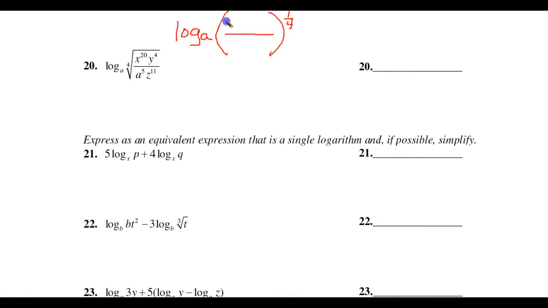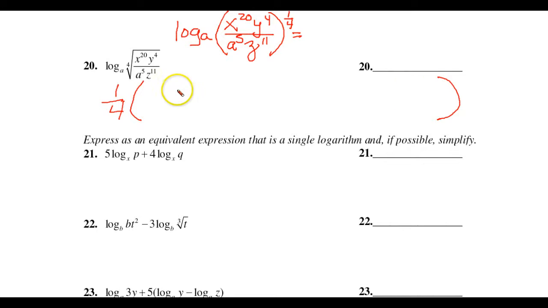And then you just have x to the 20th, y to the 4th, a to the 5th, z to the 11th, which will then become, and I'll write it over here. Now, since all of this is to the 1/4, I'm going to put the 1/4 out here and then a big parenthesis.